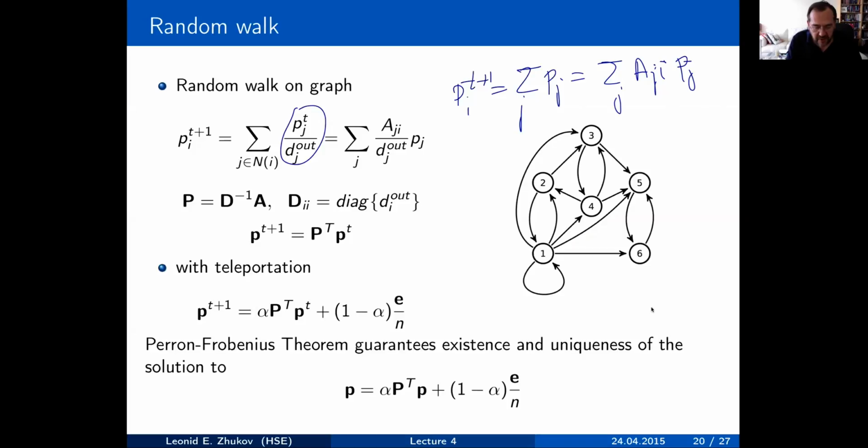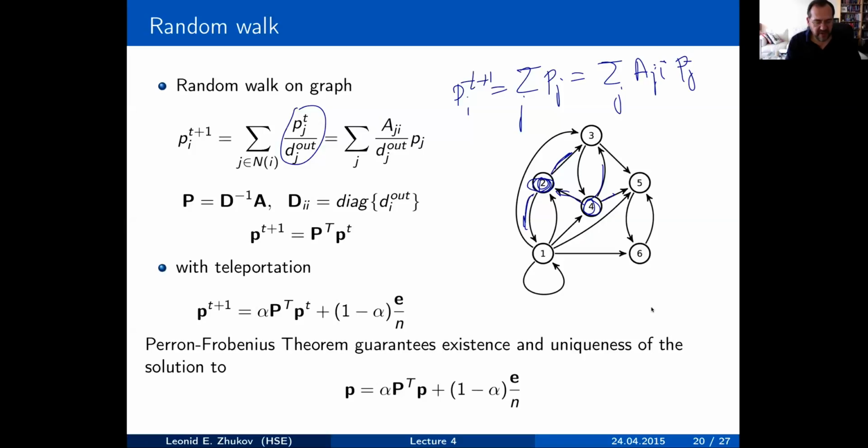So the idea is the following. When you are on node 2, you can follow either this edge or that edge. That means the probability to go either to the right or to the left is 1/2. It's not 1 anymore. Or if you are on node 4, you have 3 ways to go, so the probability to follow one of those edges is 1/3.